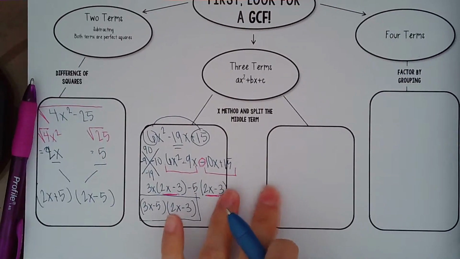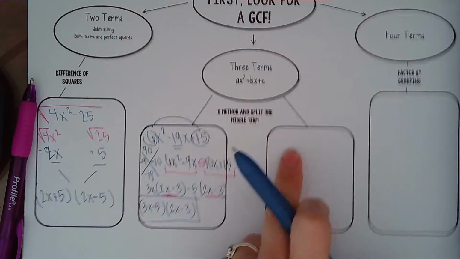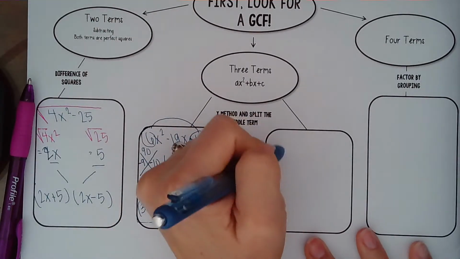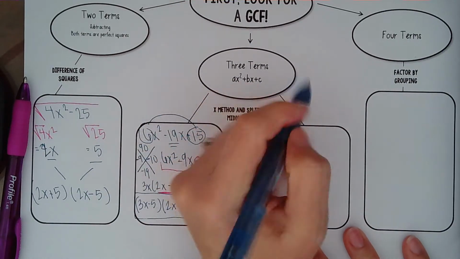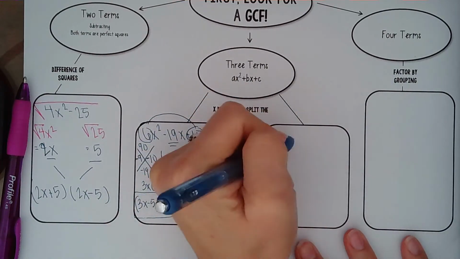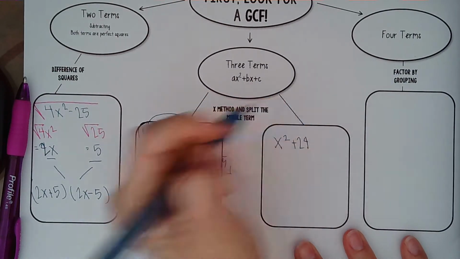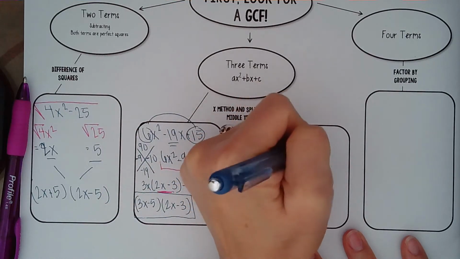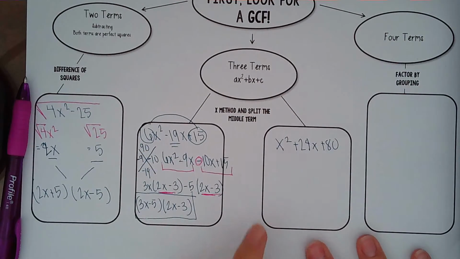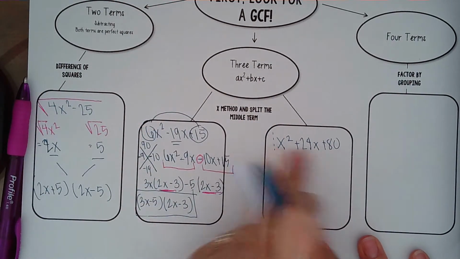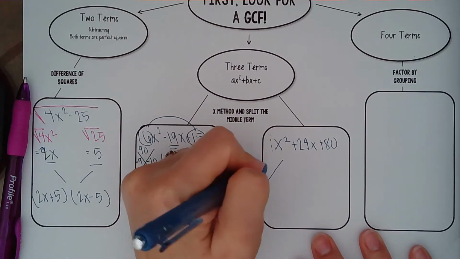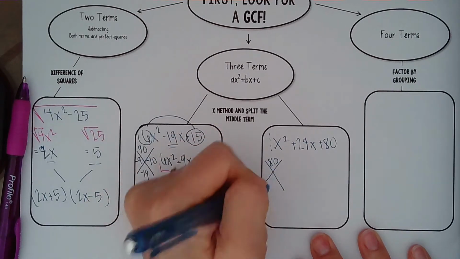Okay, and then over here, I'm going to solve one with no a. Well, a is just going to be 1. So x squared plus 24x plus 80. Again, I multiply the first and last term, and that would be 80.